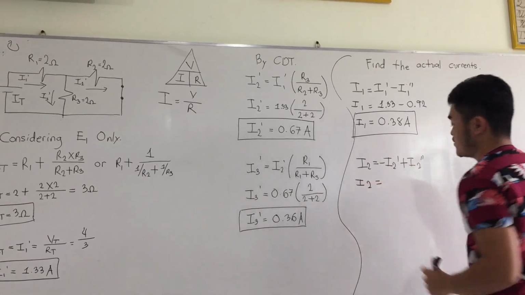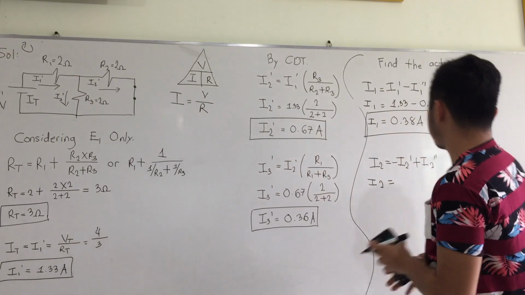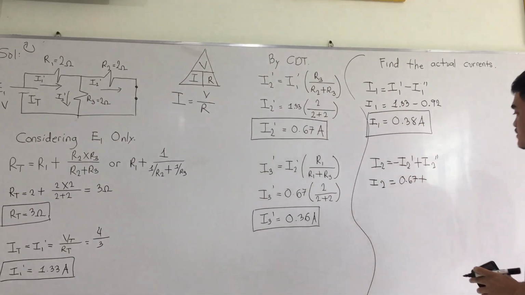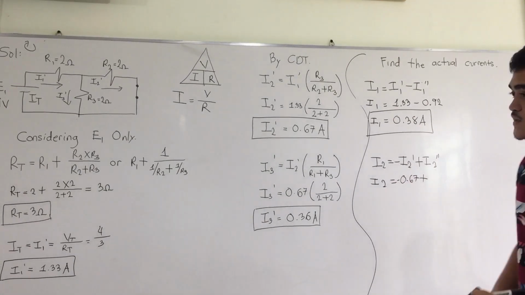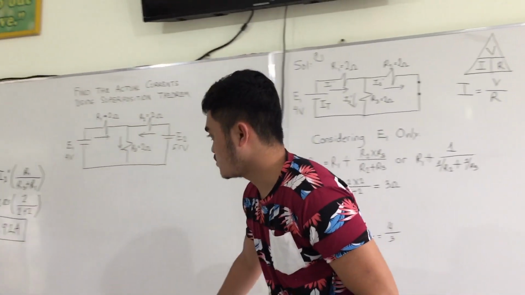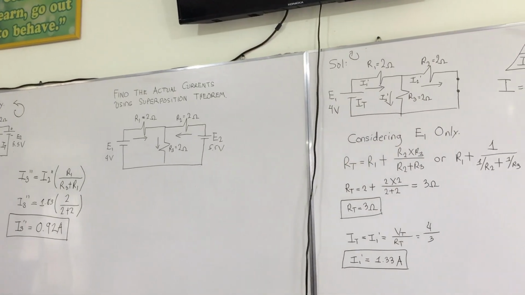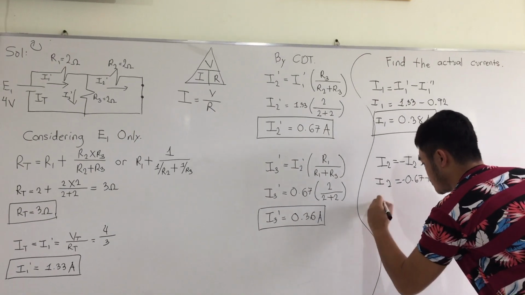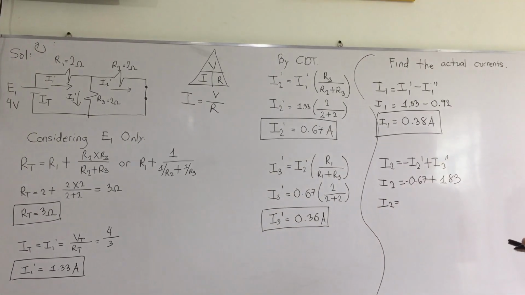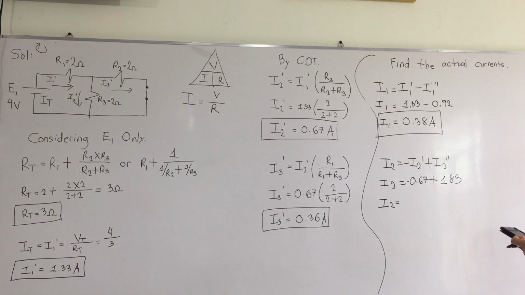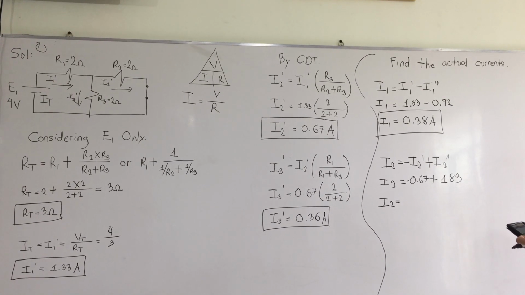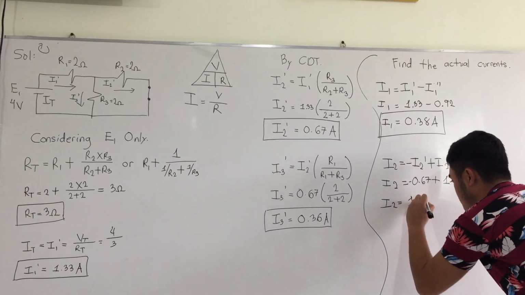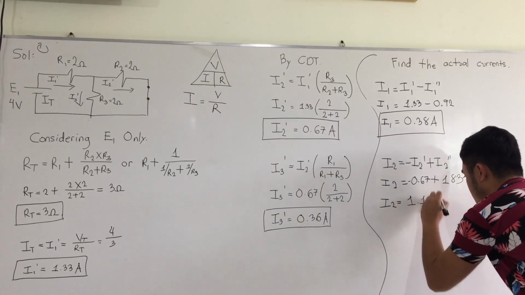So substitute lang natin, our I sub 2 prime is 0.67, that is negative, plus I sub 2 double prime is the 1.83 ampere. So our I sub 2 is equal to negative 0.67 plus 1.83, that is 1.16 ampere.